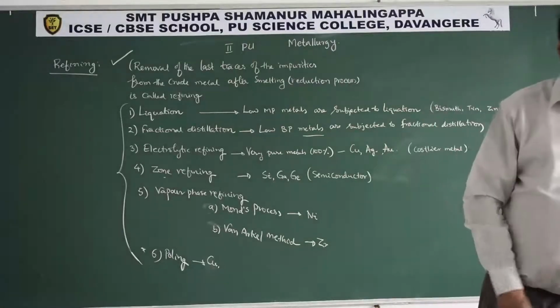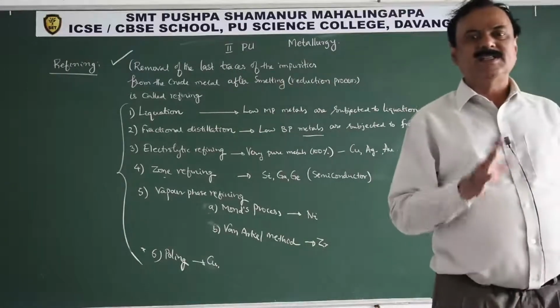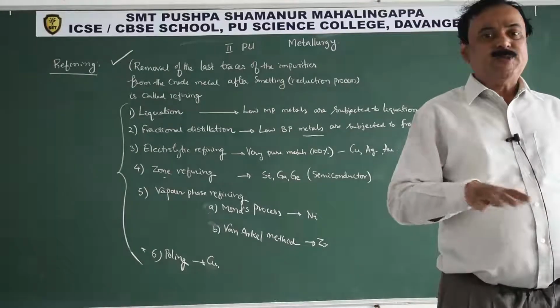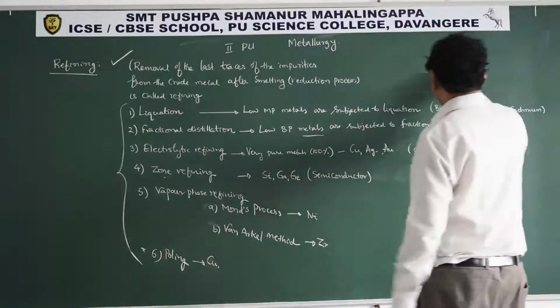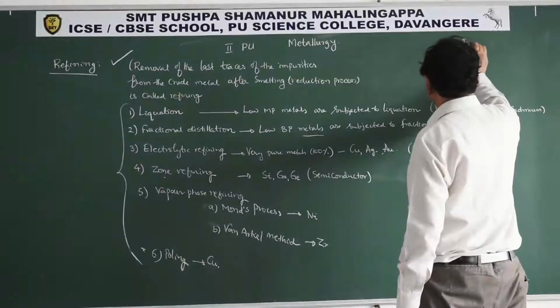Liquation, as its name indicates, is the conversion of solid into liquid. Suppose there are many metals, A, B, C, D. Impure metal means it contains impurities.